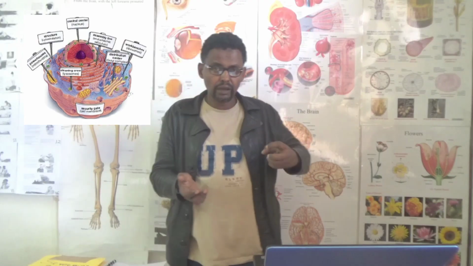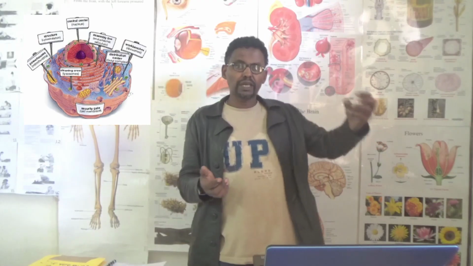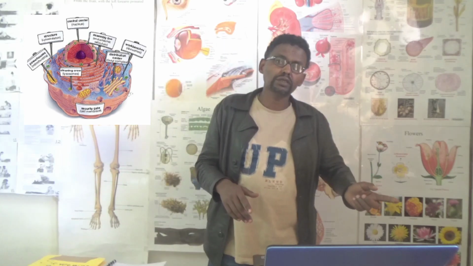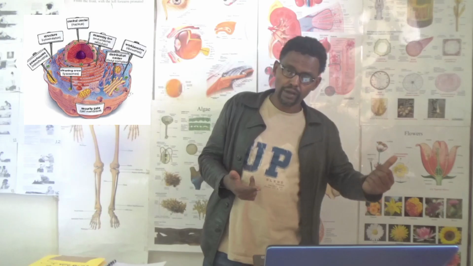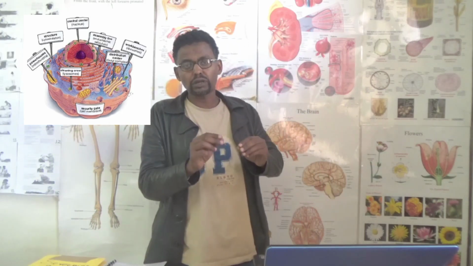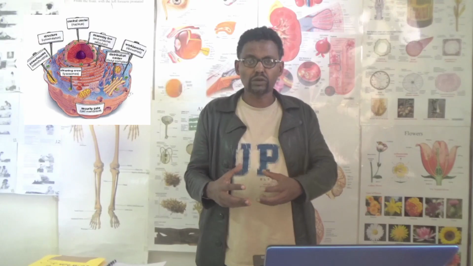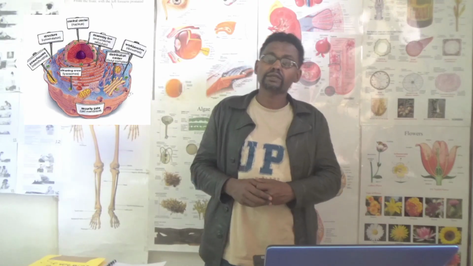If they are growing out of the cell membrane but not into the cytosol, not into the cytoplasm, then they are structures of the cell but not intracellular, rather extracellular. When we talk about those which are in the cytosol, then they are the intracellular structures.